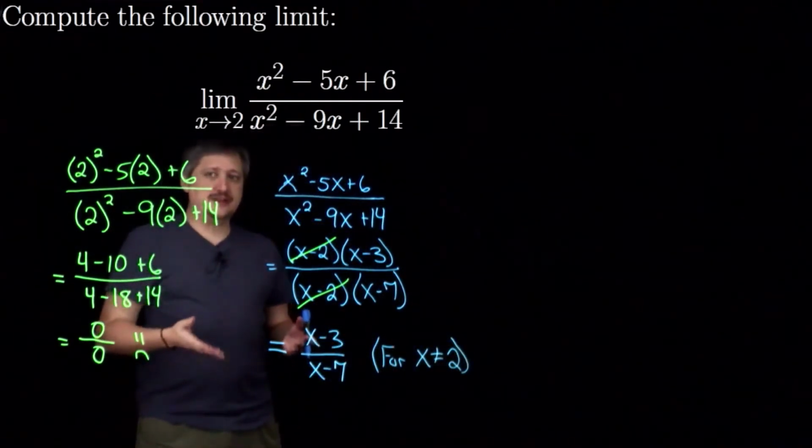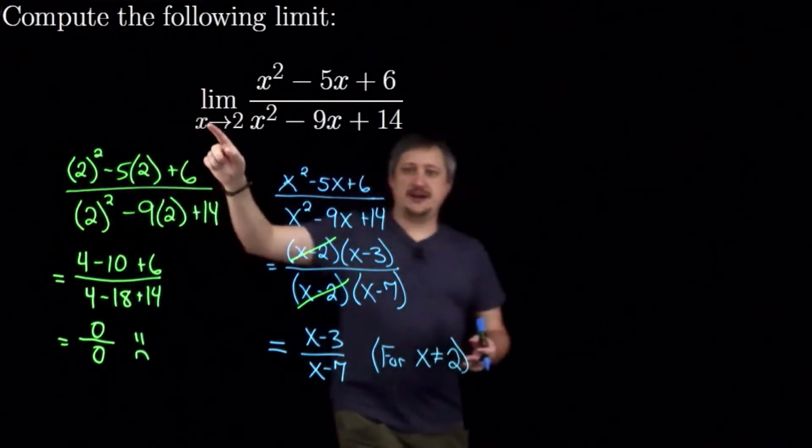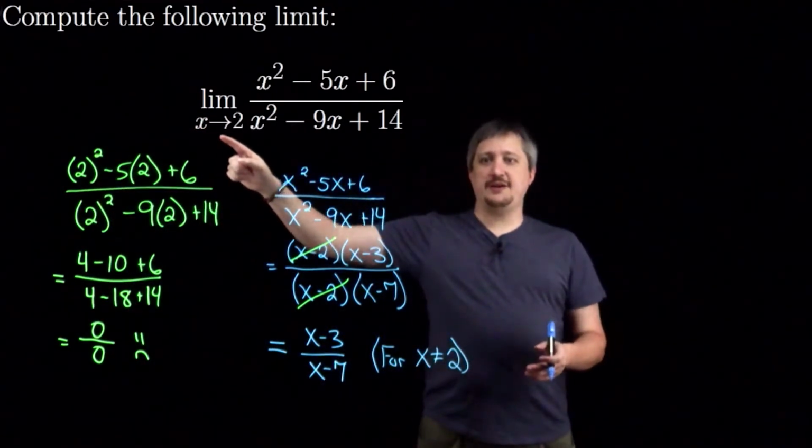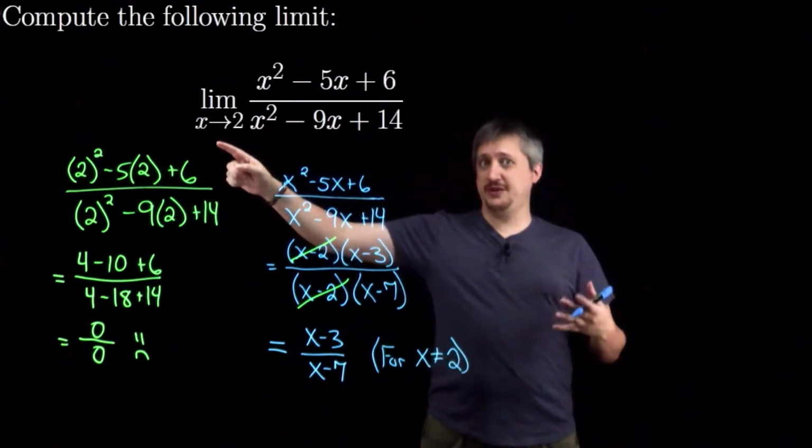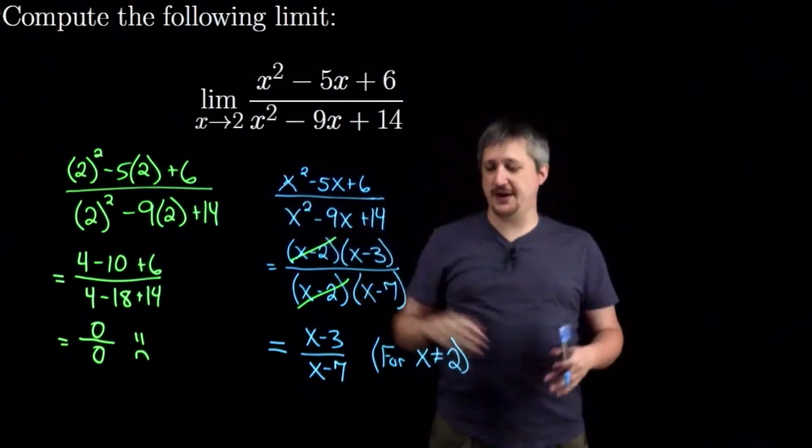But if I'm taking the limit as x goes to 2, which is what's happening, then I don't care what's happening at x equals 2, because that's the whole thing with limits. They don't care what's happening at the point, just nearby.